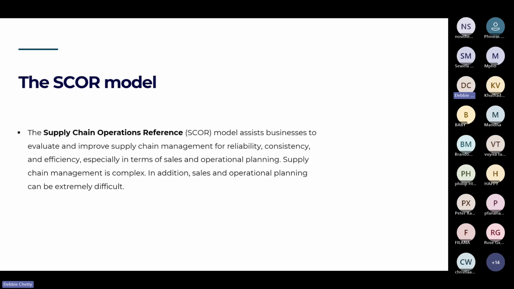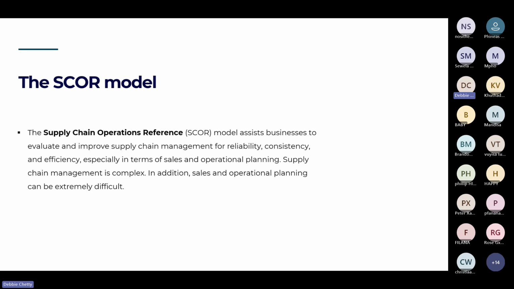Right? And then lastly, we come to the SCORE model. Now, the SCORE model basically means the supply chain operations reference, right? It's a model that assists businesses to evaluate and improve supply chain management for reliability, consistency, and efficiency, especially in terms of sales and operational planning. So supply chain is very complex. We know it's always changing, it's dynamic as well, right?